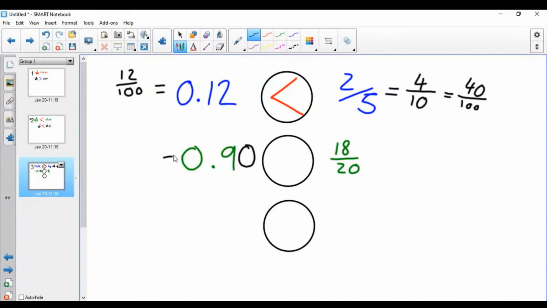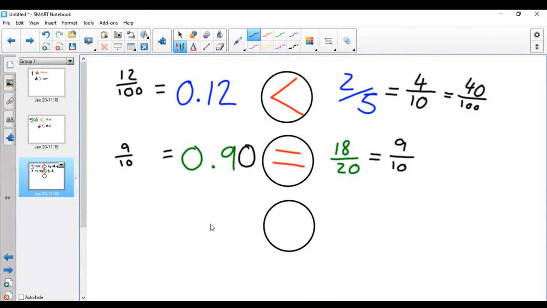Oh, it's 9/10ths, isn't it? Could I find an equivalent tenths for this? Yes, I could. 20 divided by 2 is 10, 18 divided by 2 is 9. Oh, these are both 9/10ths. They have an equal value. So I place my equal sign for the inequalities there.